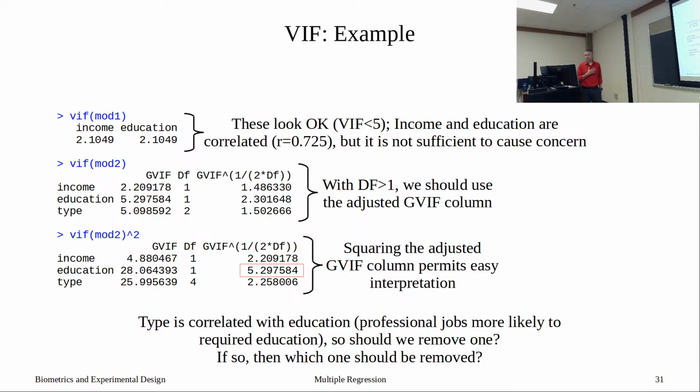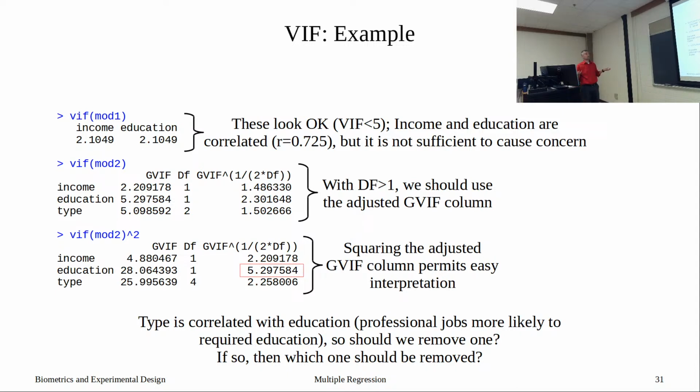So we've got our two models. And the very first one, it reports this. This is what it would look like if all of our variables have 1 degree of freedom. This is our variance inflation factors. Our rule, if any of these are greater than 5, you probably have a problem.